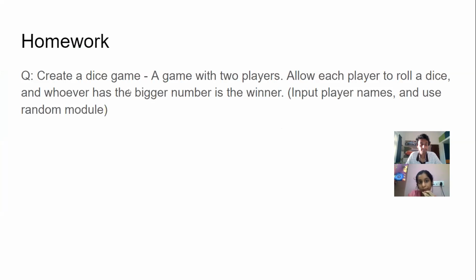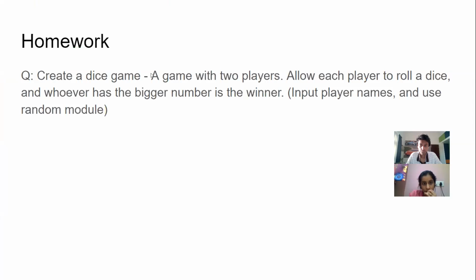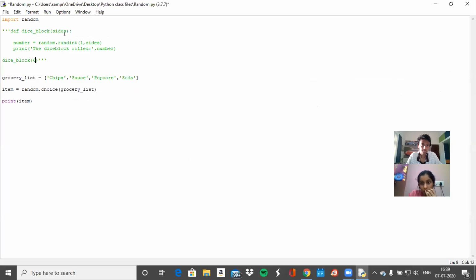Should I keep this on my screen or do you want the code on my screen? Code, yeah, that'd be good. So this is how to make a dice block.